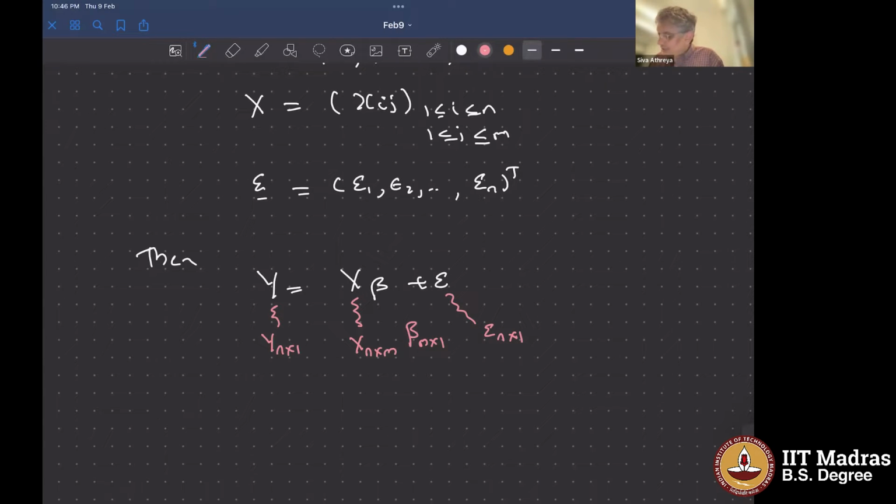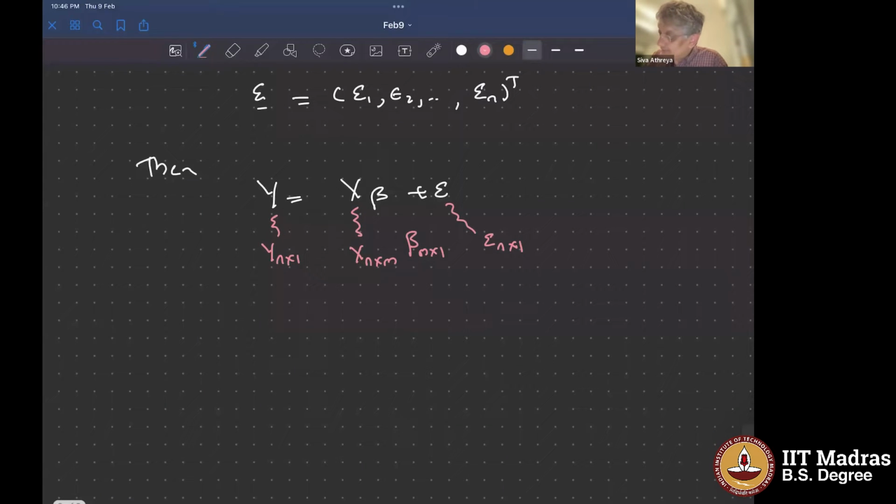You could think of the epsilons as having a variance covariance matrix given by sigma squared times identity.